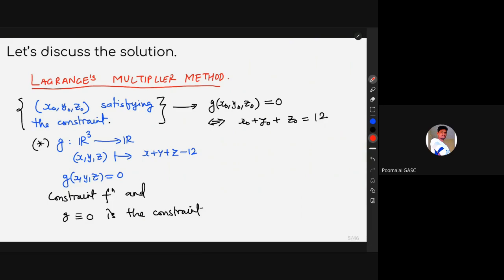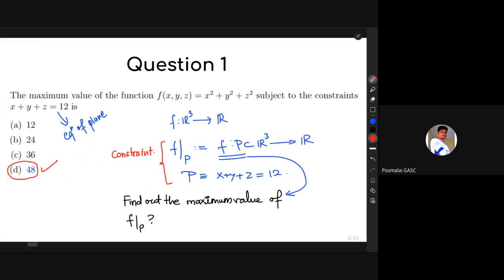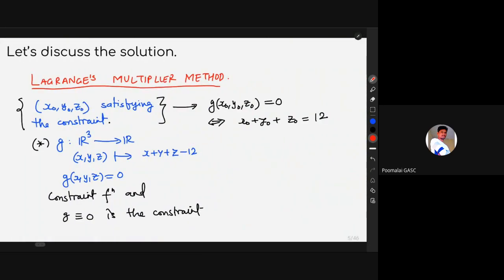The constraint is given by x plus y plus z equal to 12. So we write it as a function. We define g of x, y, z equal to x plus y plus z minus 12, so that when this function is equal to 0, it gives me the constraint.